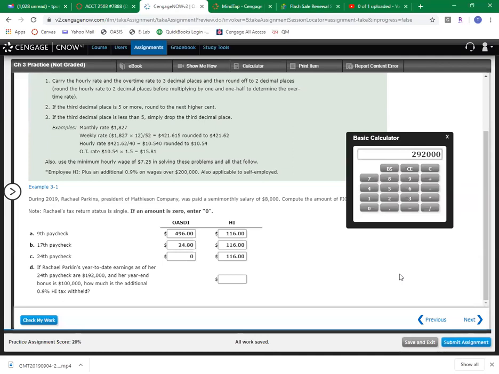We need to tax her 0.9% extra on any wages over 200,000. So I subtract out 200,000, and we charge her an additional 0.9% on just that 92,000. So 92,000 times 0.009, her additional Medicare or HI tax would be $828.